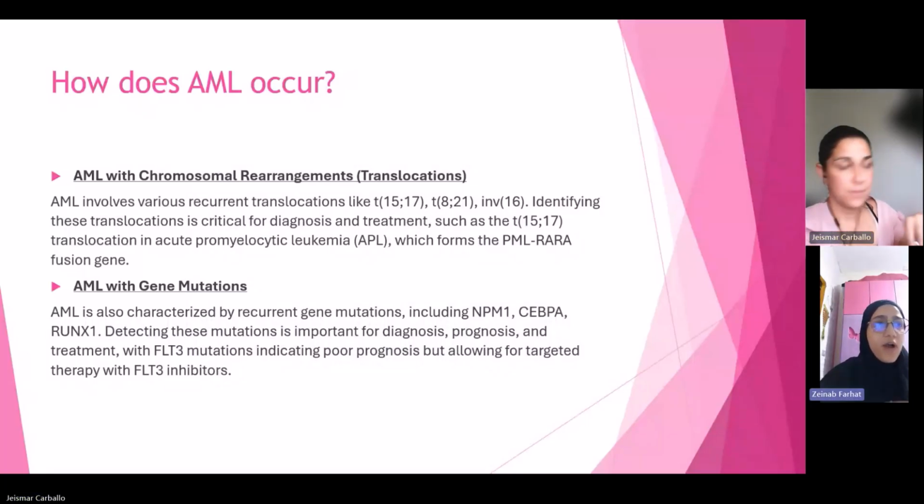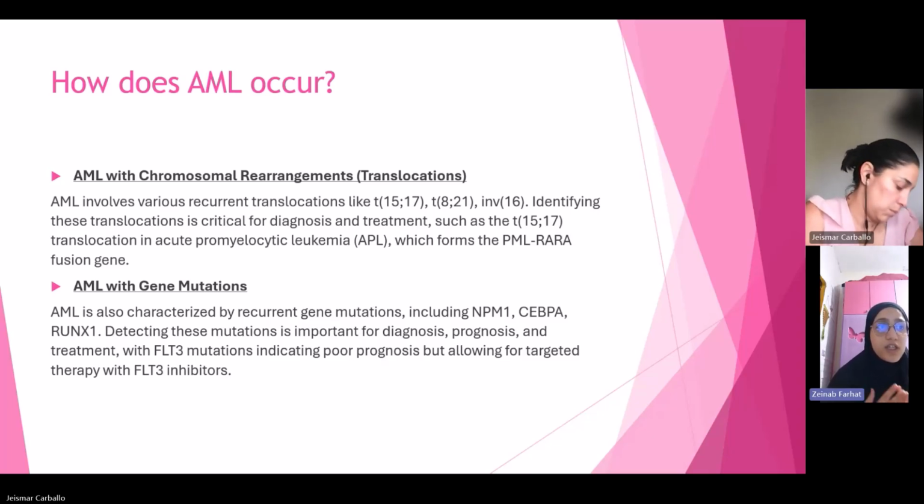Okay, now coming to how it occurs, there are two ways in which AML could occur. It could be due to chromosomal rearrangement, the translocation between chromosomes. For example, we talk about translocation between chromosome 15 and 17, chromosome 8 and 21, or the inversion within the same chromosome. In this case, it's chromosome 16.